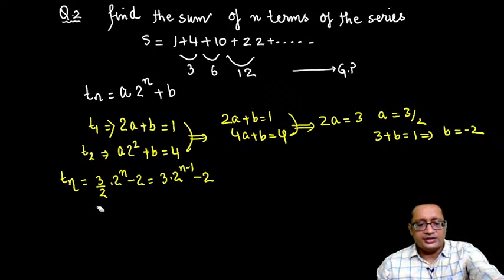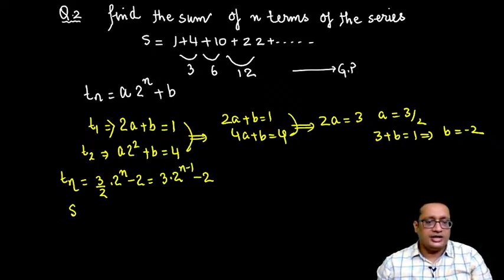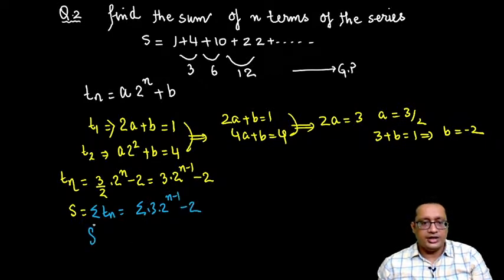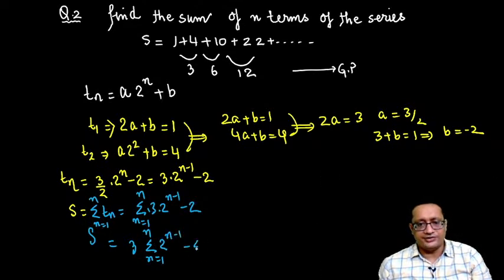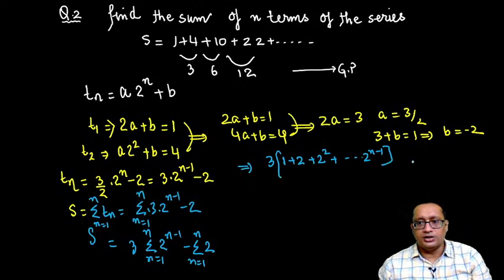Now I am finding the sum of n terms. S is equal to sigma Tn. It means sigma 3 into 2 to the power n minus 1 minus 2, n is equal to 1 to n. So S becomes 3 outside, sigma n is equal to 1 to n, 2 to the power n minus 1, minus sigma 2, n is equal to 1 to n. See here, 3, when I place 1 minus 1, and this becomes minus 2n. So this is GP.